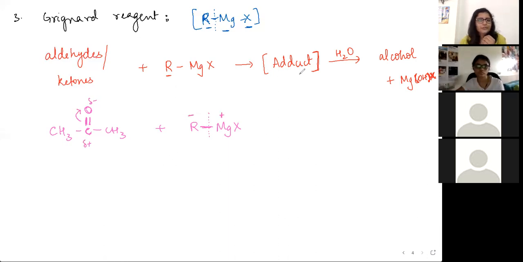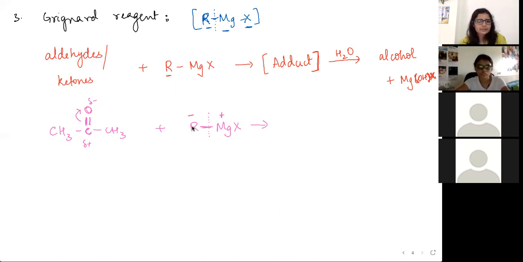Okay. So in order to get your adduct, what do you think would be the structure of the adduct? Which part will be attracted to which part? What will be connected to what? So R and MgX, right?